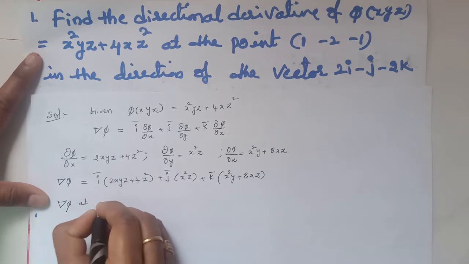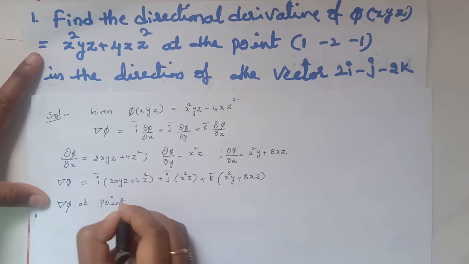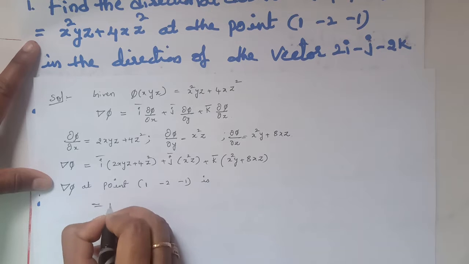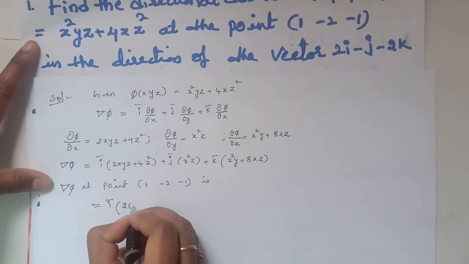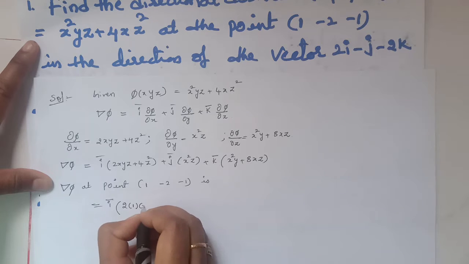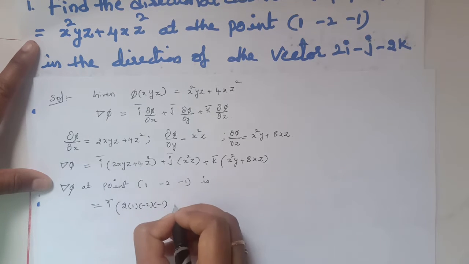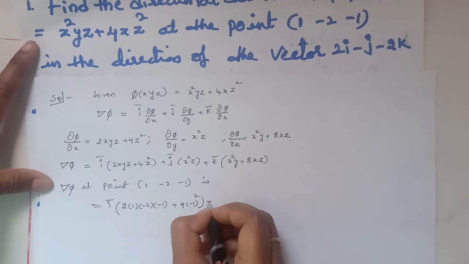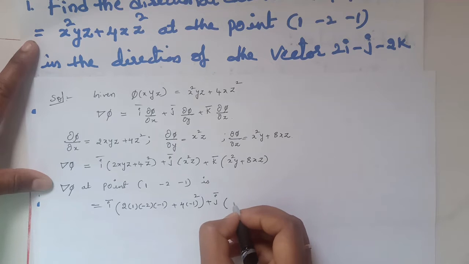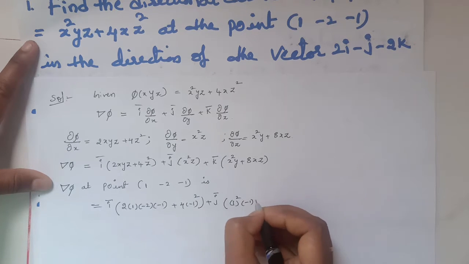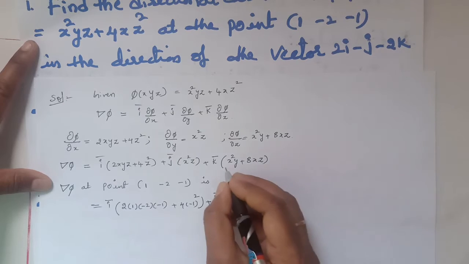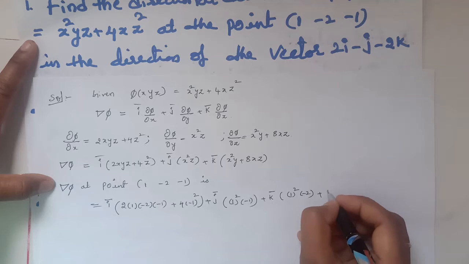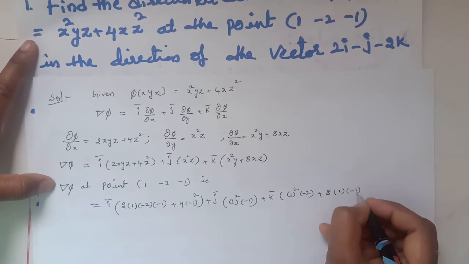Now you need to find del phi at the point (1, -2, -1). It is i bar into 2 into, substituting x is 1, y is -2, z is -1, plus 4 into (-1) squared, plus j into x squared, 1 squared into -1, plus k into x squared, 1 squared, y is -2, plus 8 into 1 into -1.